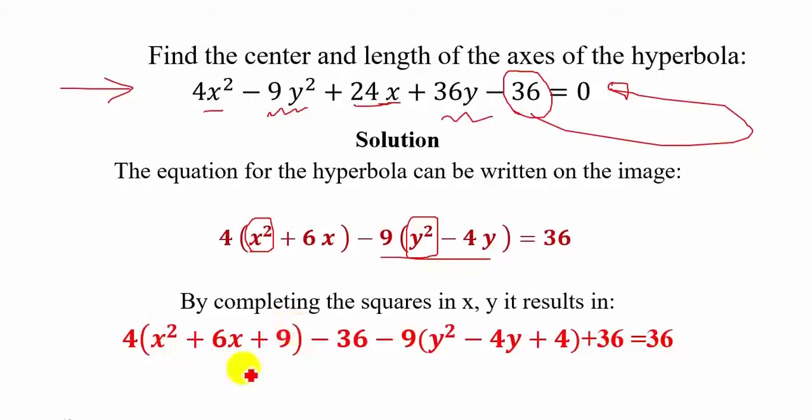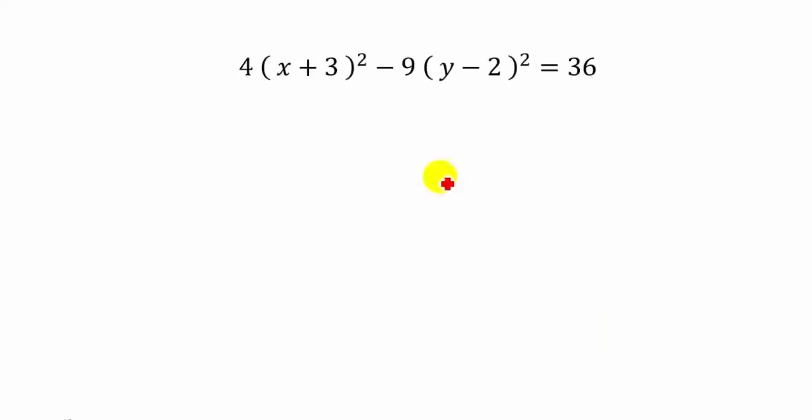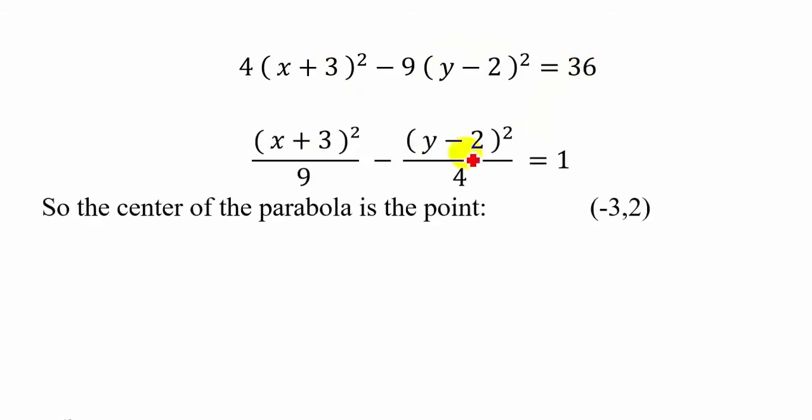Okay, so this one, it will give me what I wanted to get, and this one, it will go out with this, and it will have this one what I get here. See what it will be here. Okay, so now x plus 3 square over 9, y minus 2 square over 4, that means we are moving that x with 3 and we are moving that y with 2, and divided by 36, you will get our equation.